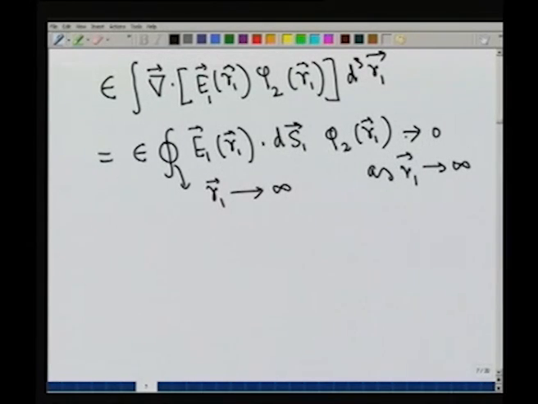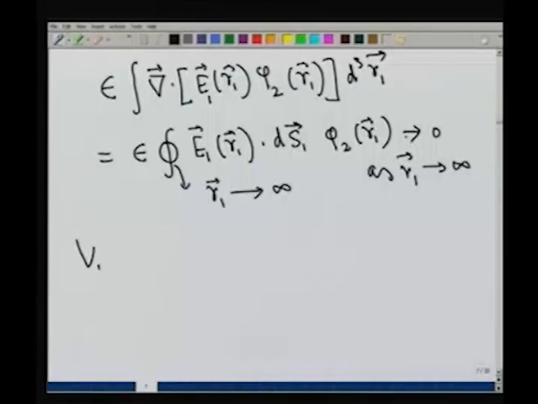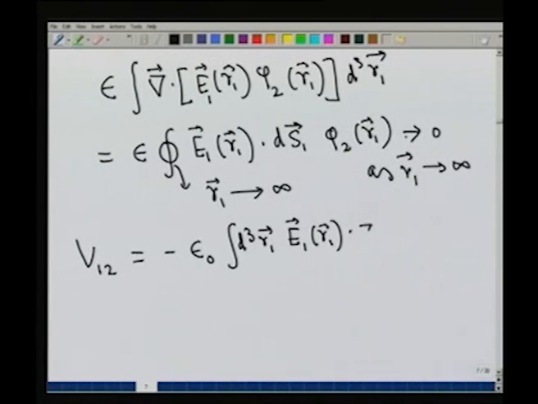The first integral cancels. It becomes 0 because of the Gauss divergence theorem and because of the property of the electric field. Therefore, my potential energy between the two charge distributions is simply given by minus epsilon naught d cubed R1, I had E1 of R1 dot gradient phi 2 of R1.